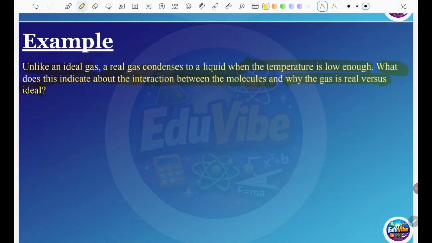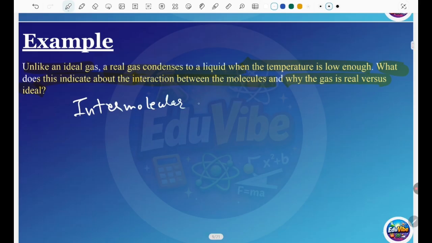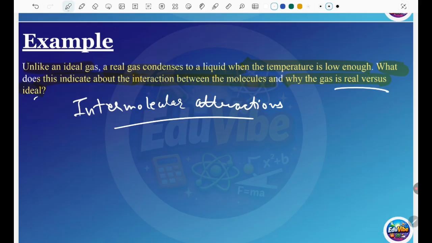There must be intermolecular interactions, which we discussed in the previous lesson. You can check that lesson. So there must be some intermolecular attraction taking place, which is not a property of ideal gases.